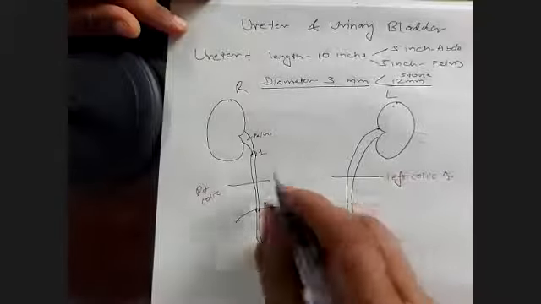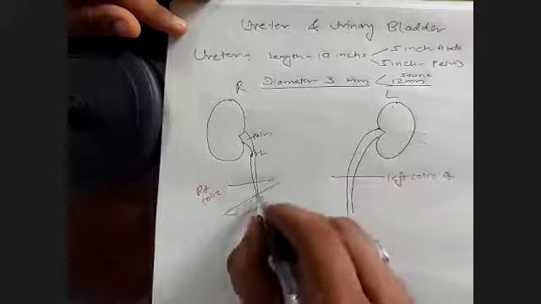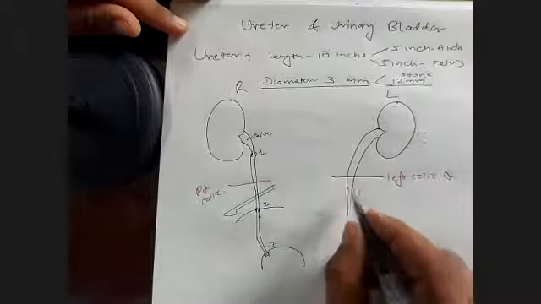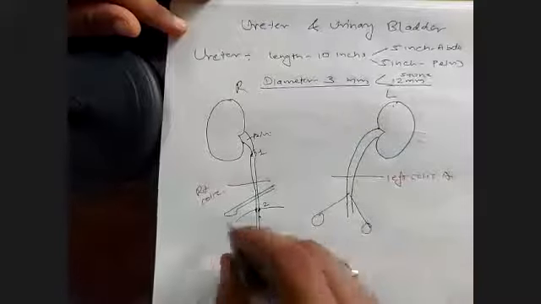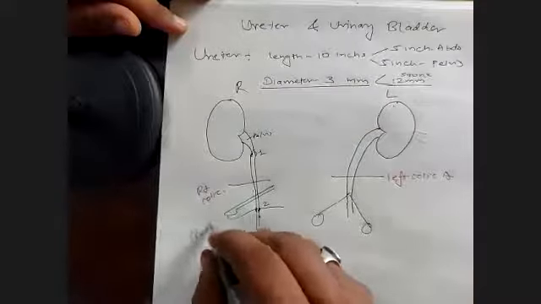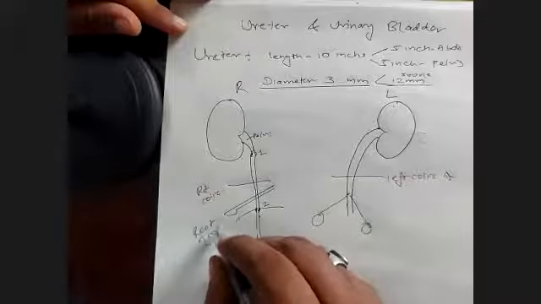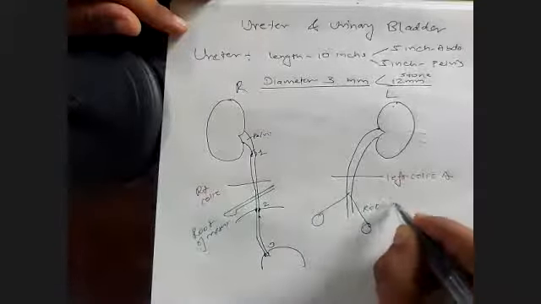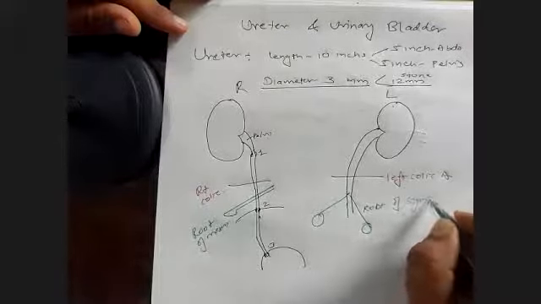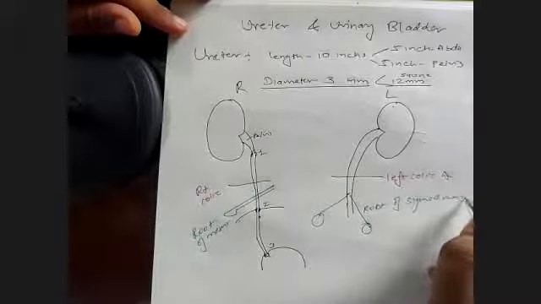This side there is the root of mesentery, and this side there is the root of sigmoid mesocolon. So this is the root of mesentery on the right side, and the root of sigmoid mesocolon on the left.